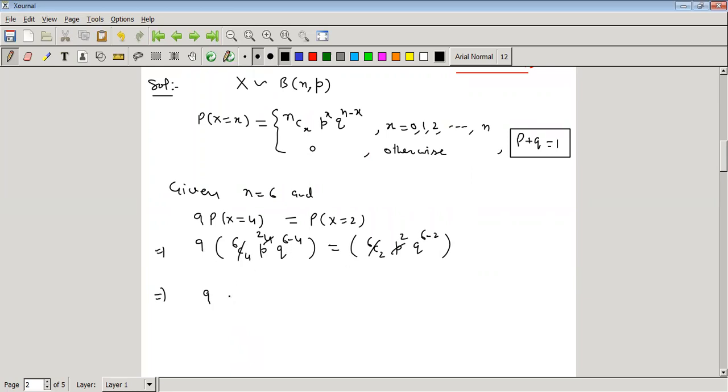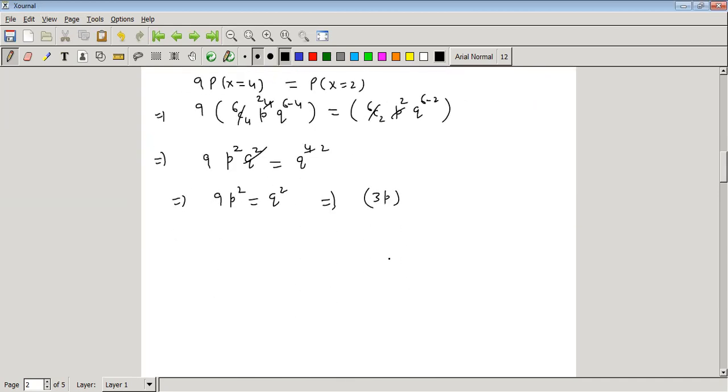So again, in the next step we can write P square Q4 as Q square equals Q to the power 4. So this implies that 9P square is equal to Q square, or 3P whole square is equal to Q square.